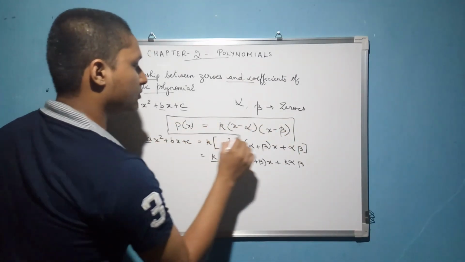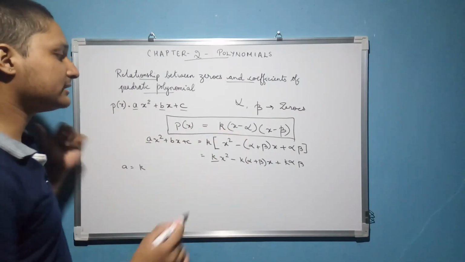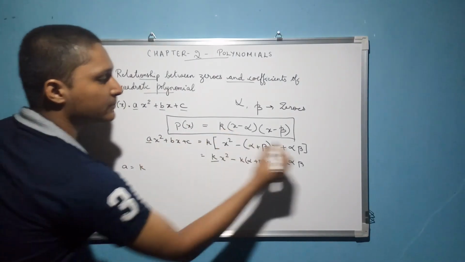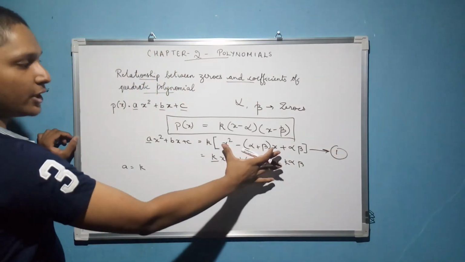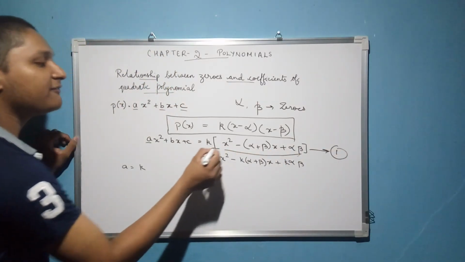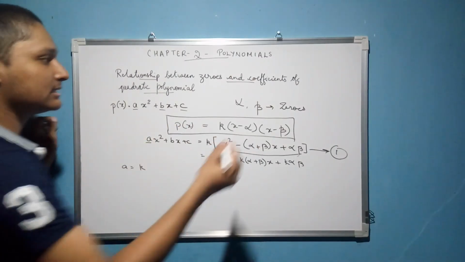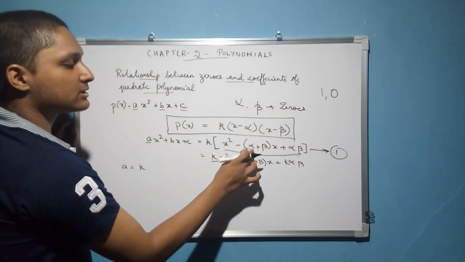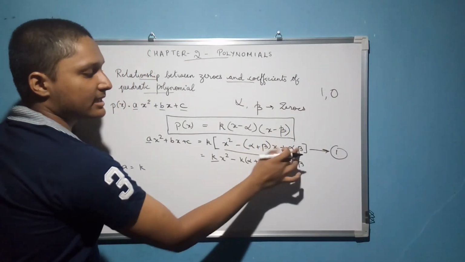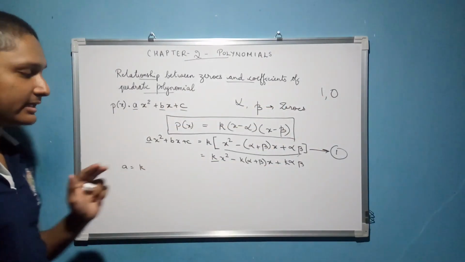This point is also very important to be remembered, that you can write p of x in this format. This is one point to be remembered, because if you are given the two roots alpha and beta to be some numbers, say 1 and 0, I can just substitute the values of 1 and 0 in this case and get a quadratic equation which has these two zeros. That is a direct one.